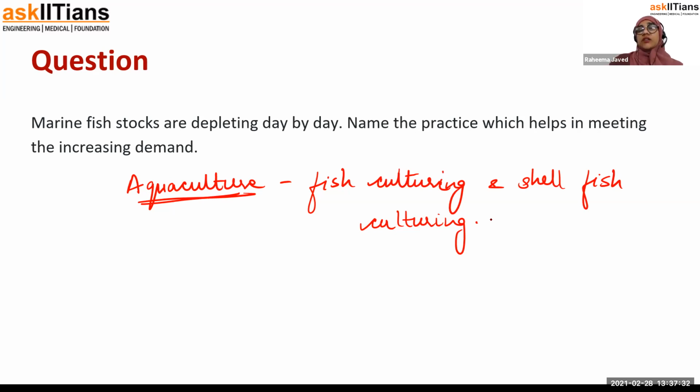Because of the increasing population, increasing demands, we are growing them according to the specific needs of the population. While we are bringing the fishes directly from the sea, many times what happens is the fishes that we don't need also come with them. So culturing is an advantageous process because we are culturing the fishes according to the need of the population.